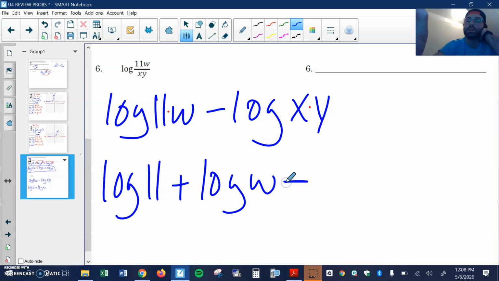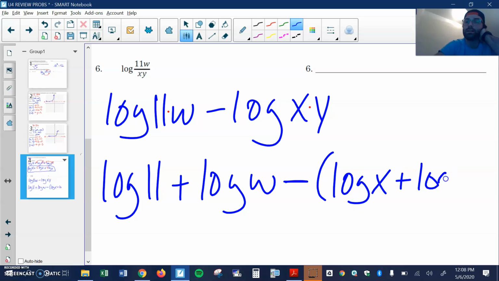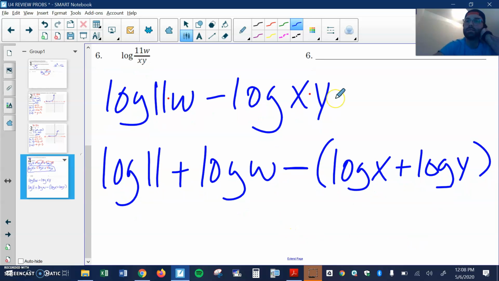So what I can do is I can subtract and put parentheses and make that addition. But when I write my final answer, I want to think of this as being -1 here. Remember, if I have x, I can imagine there's a 1 in front of it, just an imaginary 1.